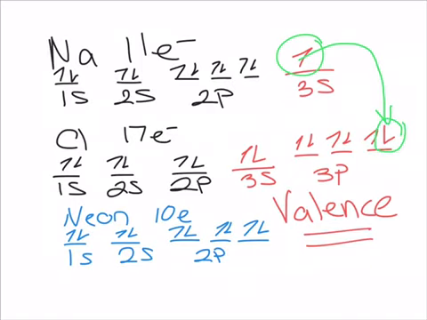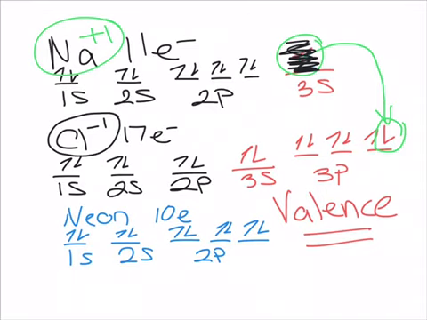Then you have sodium, which becomes an ion, a positive 1 ion because this electron is gone. And chlorine is an anion, a negative ion. It's a negative 1, because it has that extra electron.